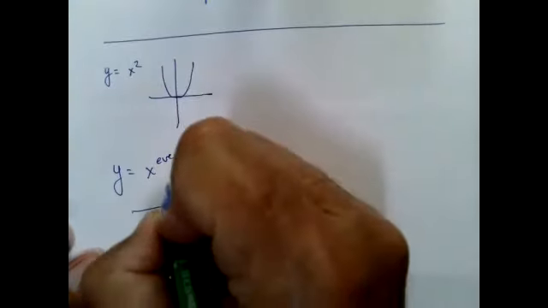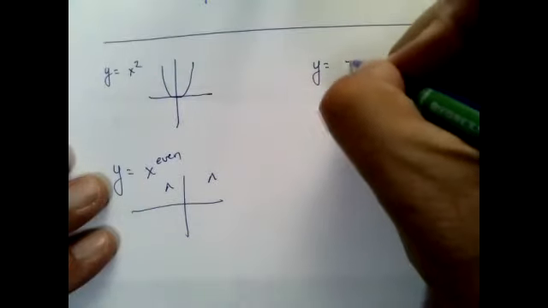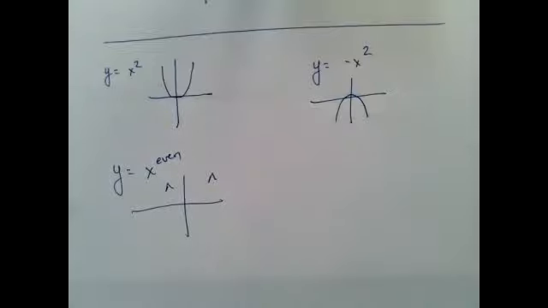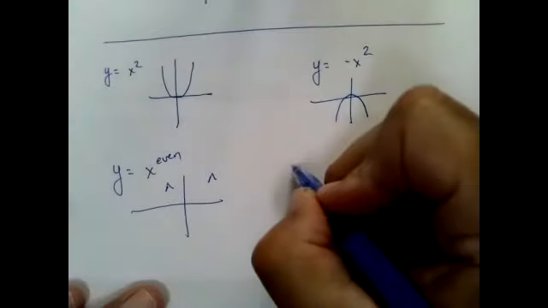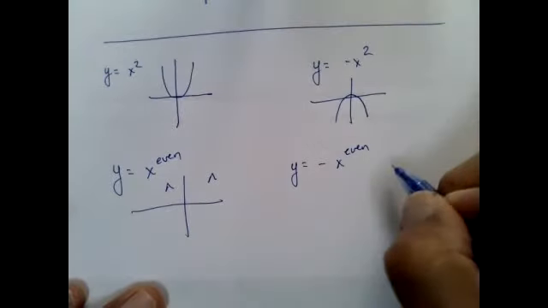I know what y equals x squared looks like. So if this power is an even, y equals x to the even, it's going to behave like that. Y equals negative x squared. We messed with that a little bit. Y equals negative x to the even.